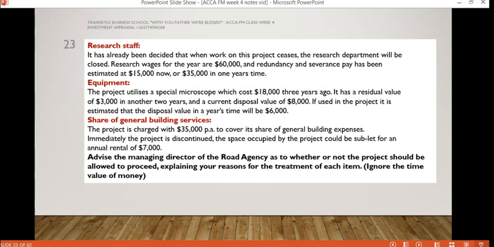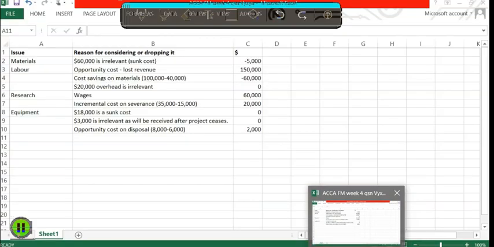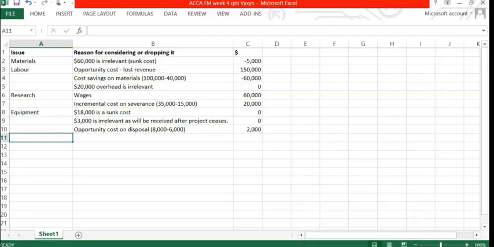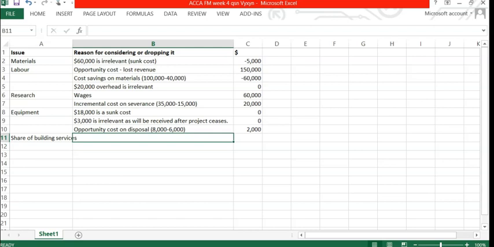So we come here and say share of building services. All right. In this case, we then come here and say the overheads apportionment of 35,000 is irrelevant.